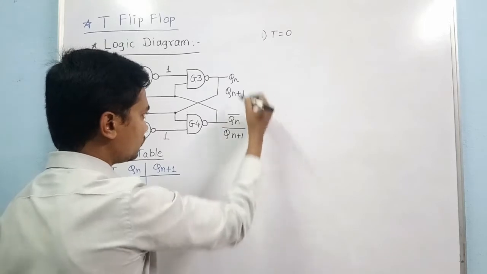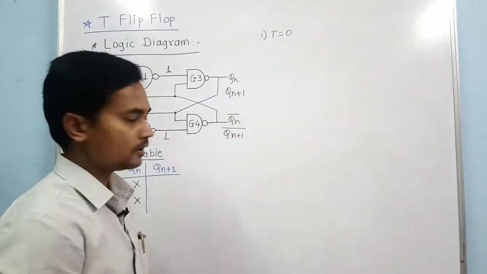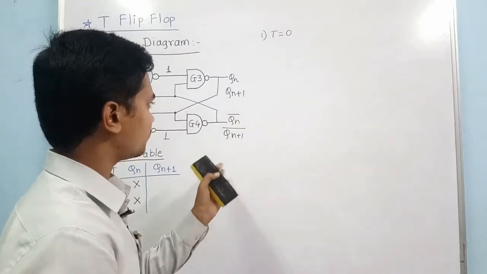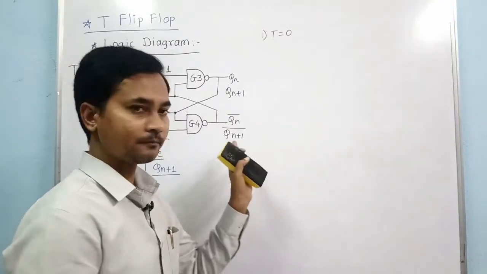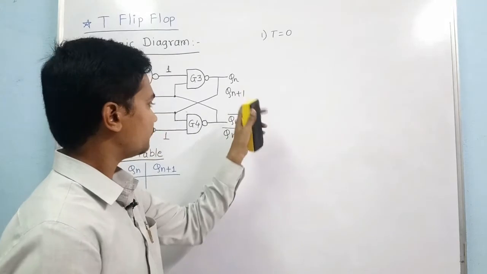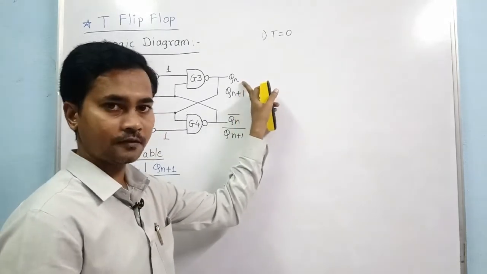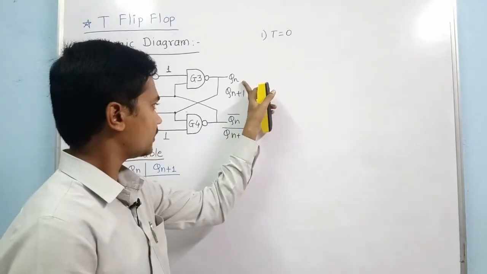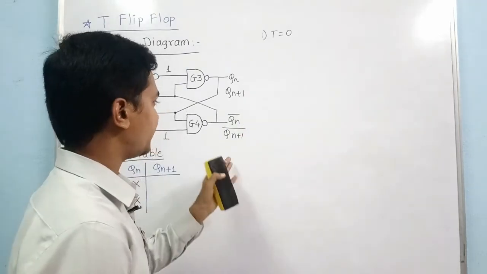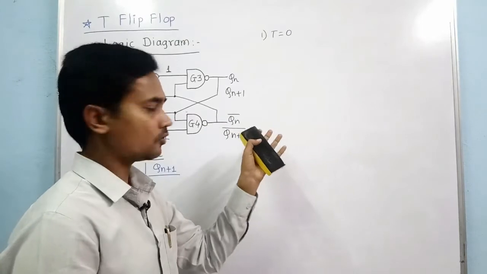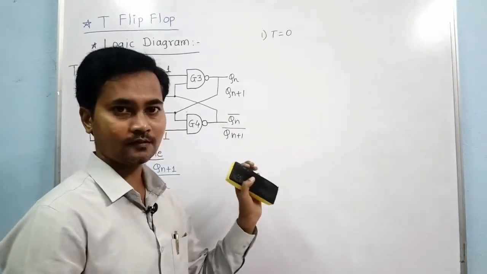These are the two next states of the output, but we don't need to calculate both, because if you know the state of Qn, then obviously the complementary state is Qn bar. So it is not required to obtain both output states.